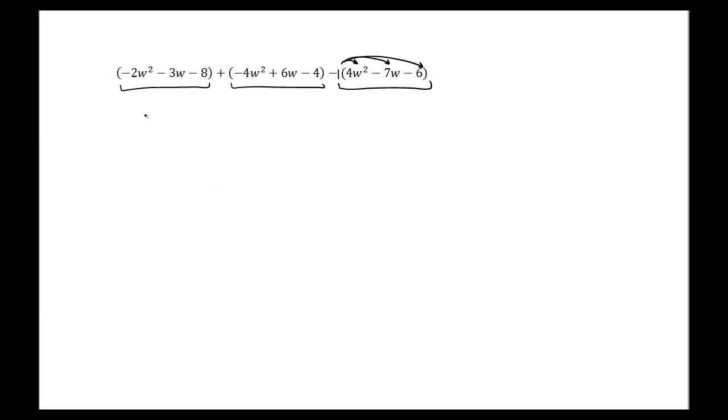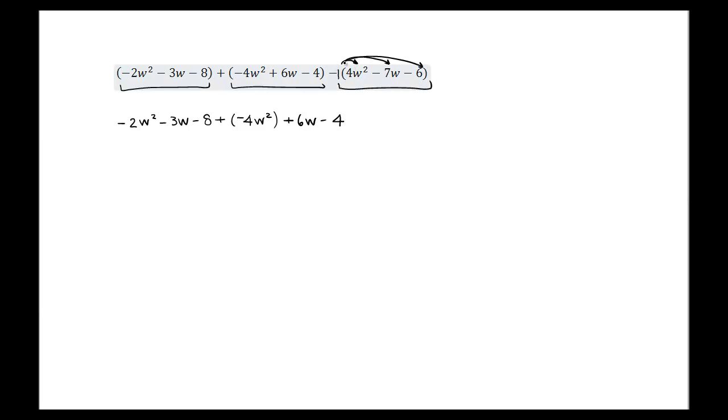So with the first two, it's simple addition. So I'm just going to take off the parentheses, and I have -2w squared minus 3w minus 8 plus, and then I have a -4w squared. And I just put that in parentheses to know that it's by itself there, plus 6w minus 4.